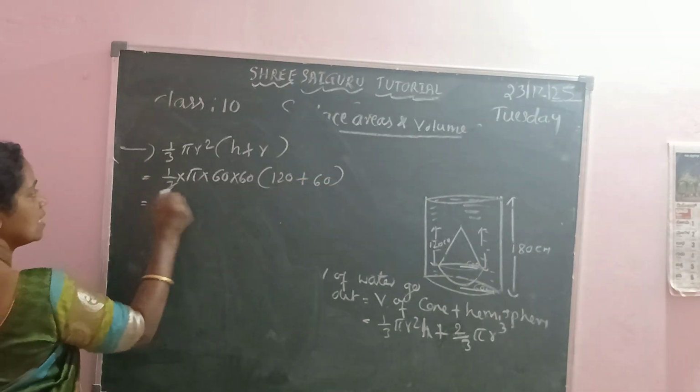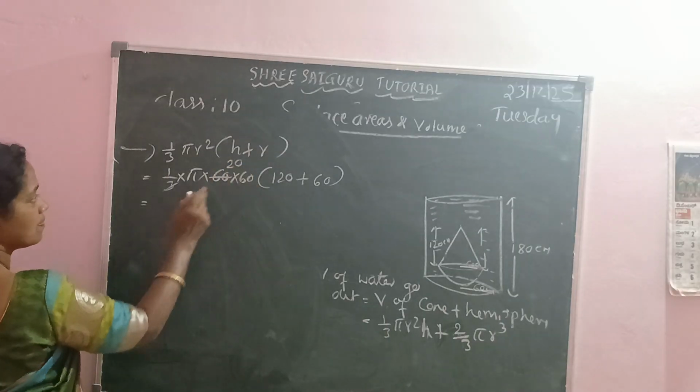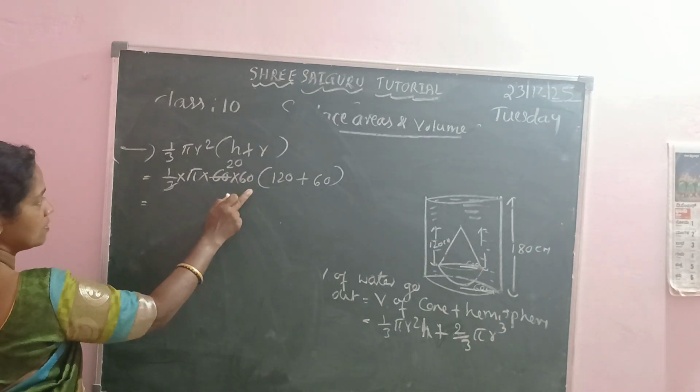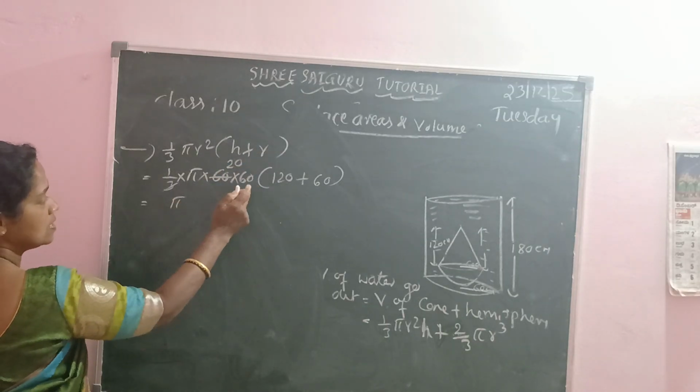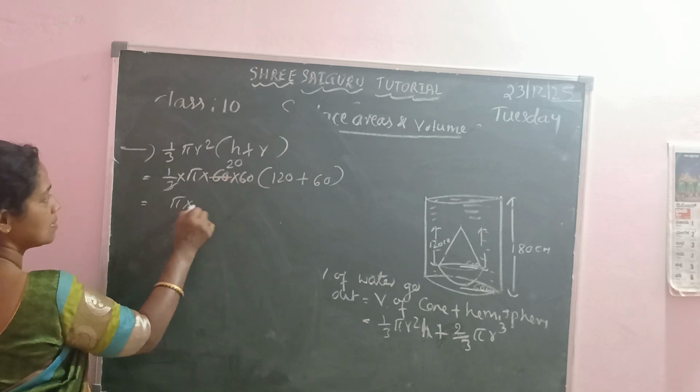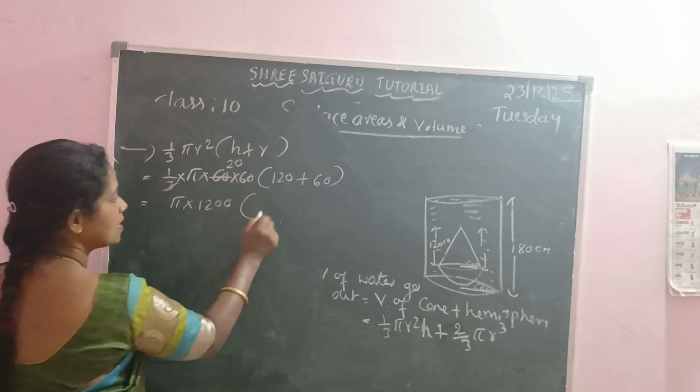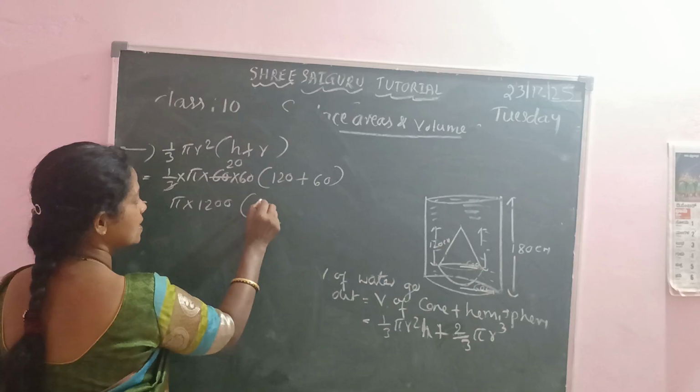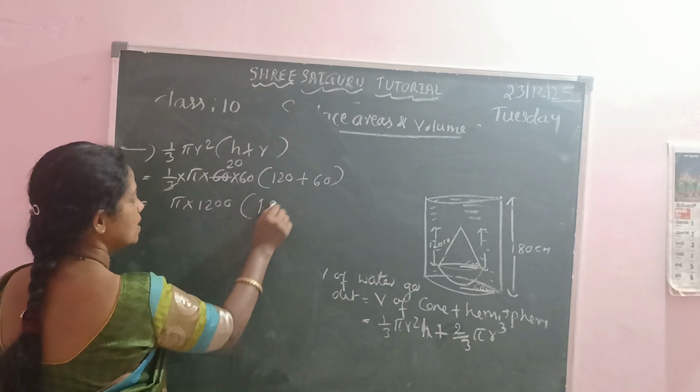That gives 180. So 20 into pi into 60. So pi into 60 into 20 is how much? 1200 into 180 plus 60 is how much? It is 180.